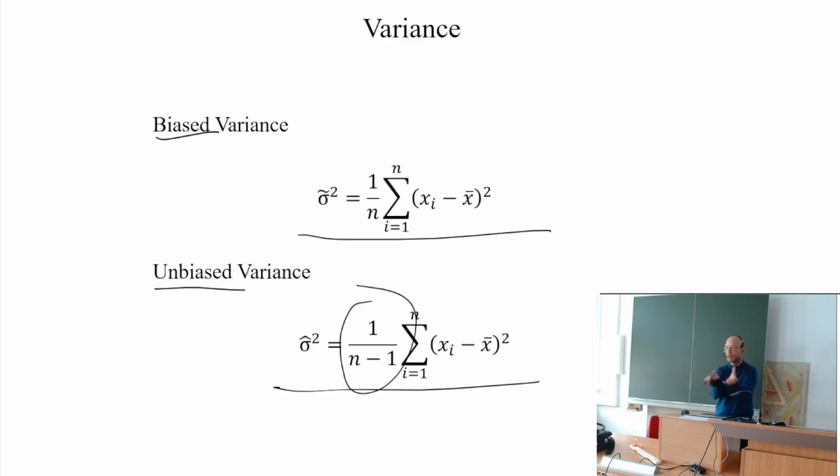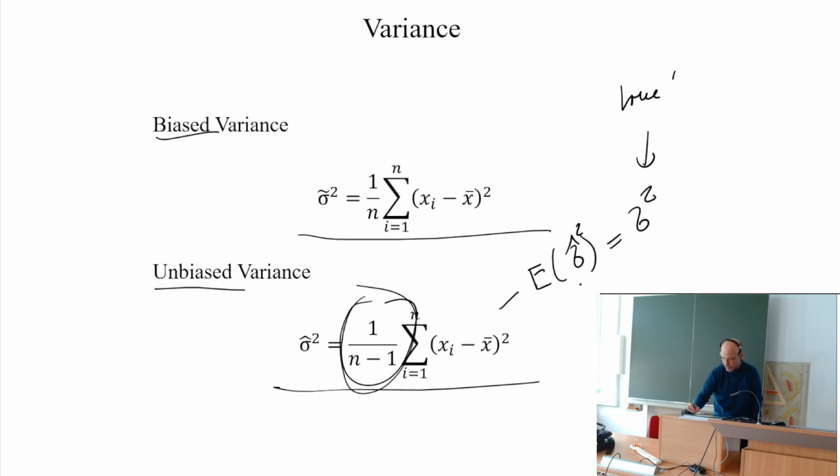But since you do not know the whole distribution, you haven't asked 80,000 people, you have no information about this. But then you can theoretically show that the expected value of the unbiased variance, divided by n minus 1, equals your true variance.